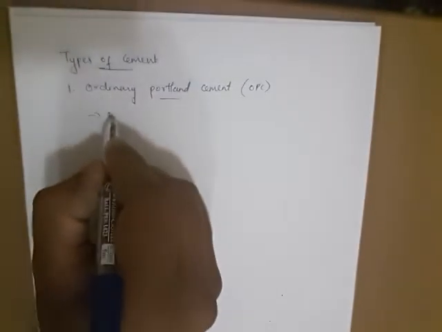OPC. This is the most commonly used cement for normal concrete construction. Most commonly used.